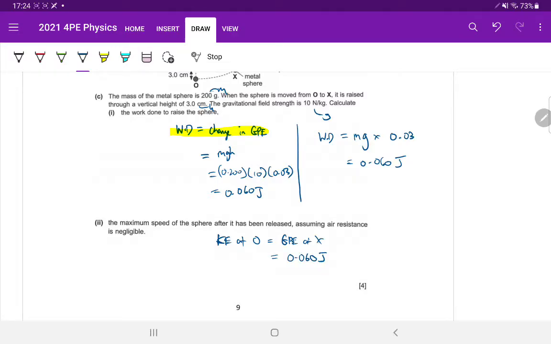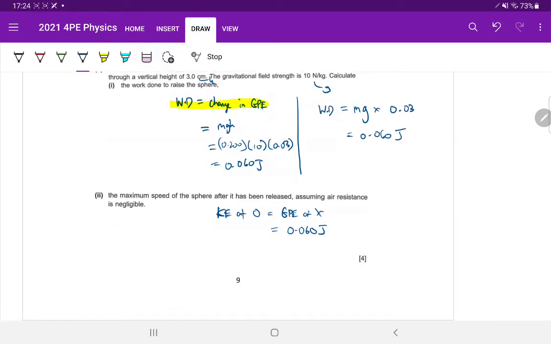Alright, so with this, how do I calculate v? Well, I know that KE at O equals half mv squared equals 0.060 joules. Then I want to find v, it's actually just math here, right?